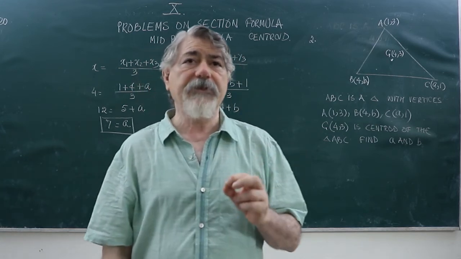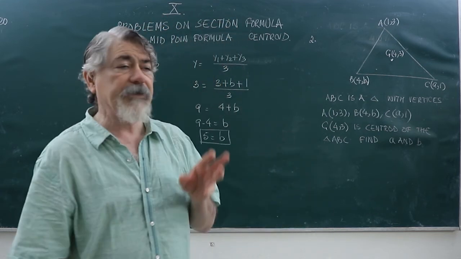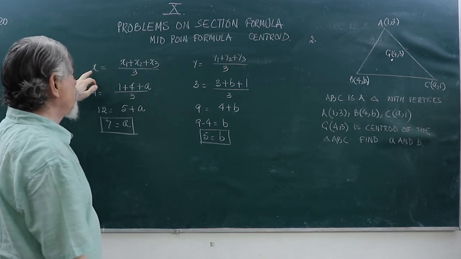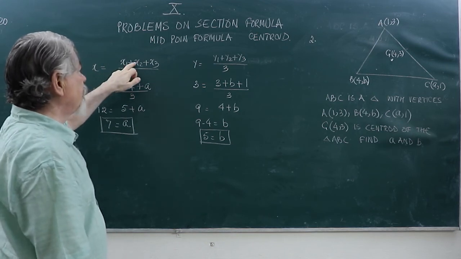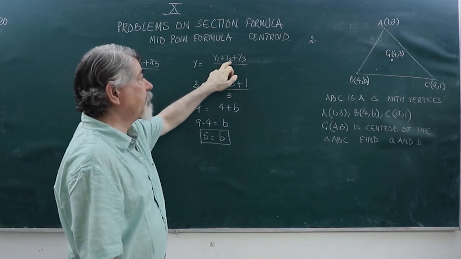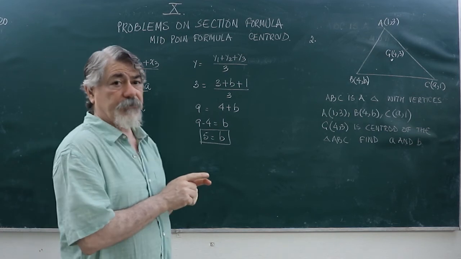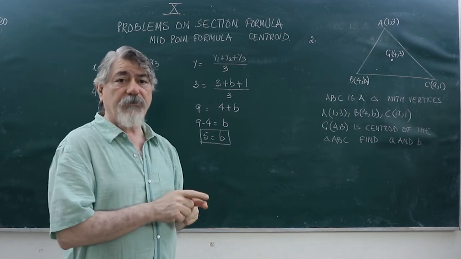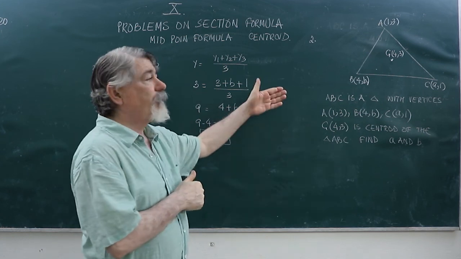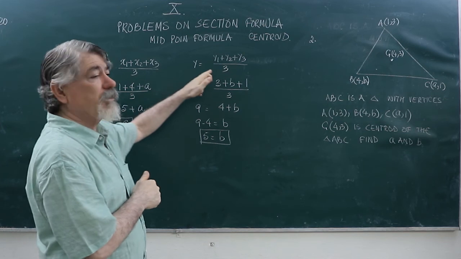If the coordinates of the vertices of the triangle are x1, y1, x2, y2, x3, y3, then we calculate the centroid to be x is equal to x1 plus x2 plus x3 upon 3, y is equal to y1 plus y2 plus y3 upon 3. This we proved also by using the section formula. If you look into my earlier video, you will find how we got this formula.